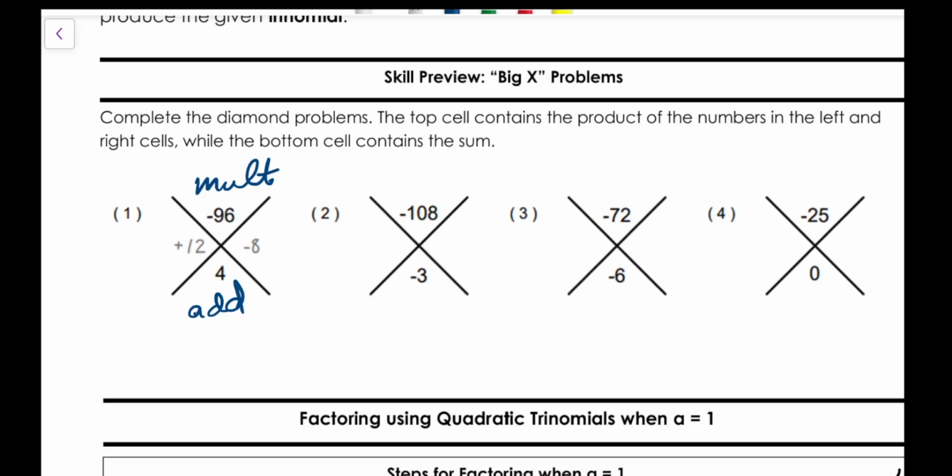Two numbers that multiply to negative 108 and add to negative 3. Well, you might want to just break down 108. We know 108 can be divided by 3, and that gives you 36. And then 36 can be broken down 6 times 3.